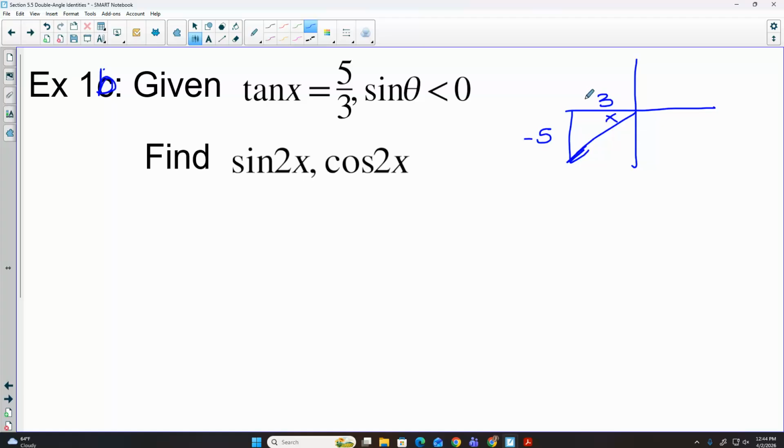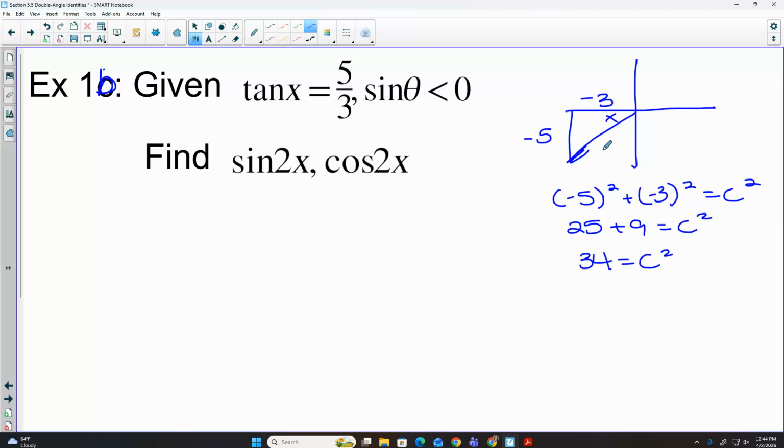Yeah. The reason it didn't have negative is 2 negatives made a positive, right? But when I set up my triangle, they would be negative. We have negative 5 squared plus negative 3 squared equals c squared. Hypotenuse is always positive, so we get radical 34. Reduce that if possible. 34 doesn't break down.